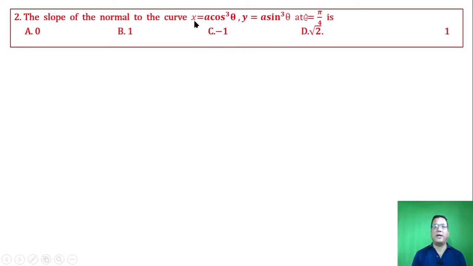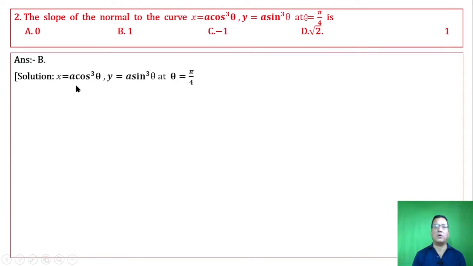Here x and y are both functions of theta, a parametrically defined function. First find dx by d theta and dy by d theta, then find dy by dx. After finding dy by dx, the slope of the normal is minus 1 divided by dy by dx.